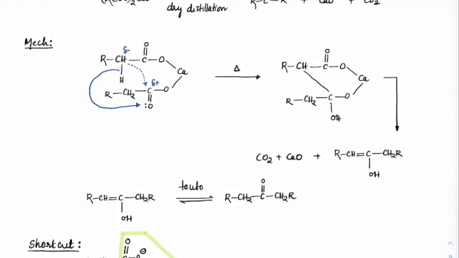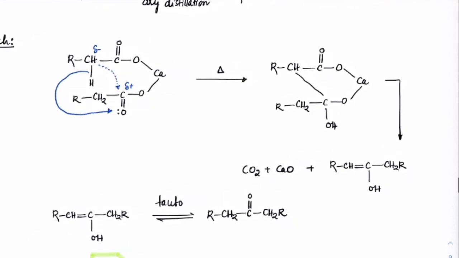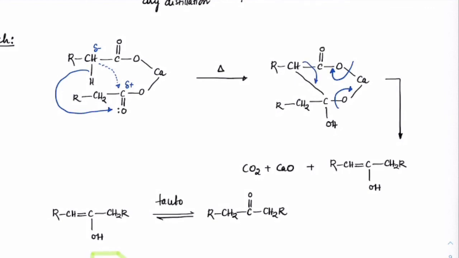Now once you get this here, on heating it will undergo complete concerted steps of breaking. Here you can see this will become C double bond O, this will break as Ca plus 2 and O2 minus, and this bond breaks to make this as a double bond here. Okay, so we will get this as R CH double bond COH CH2R.